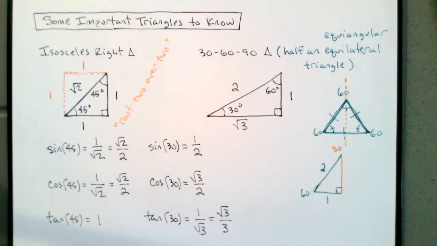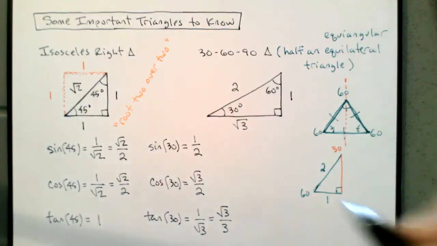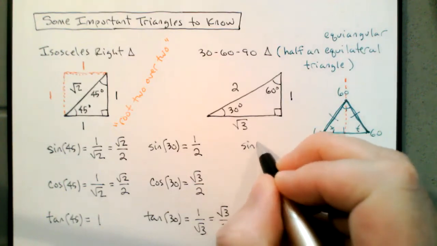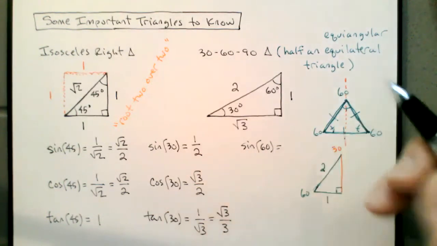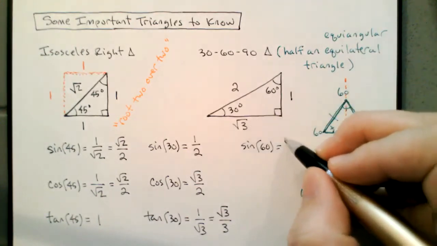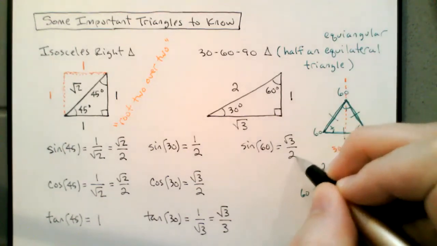Let's also look at the sine, cosine, and tangent of 60 degrees. So the sine of 60, now the 60 degree has a root 3 opposite, so we'll have root 3 over 2.